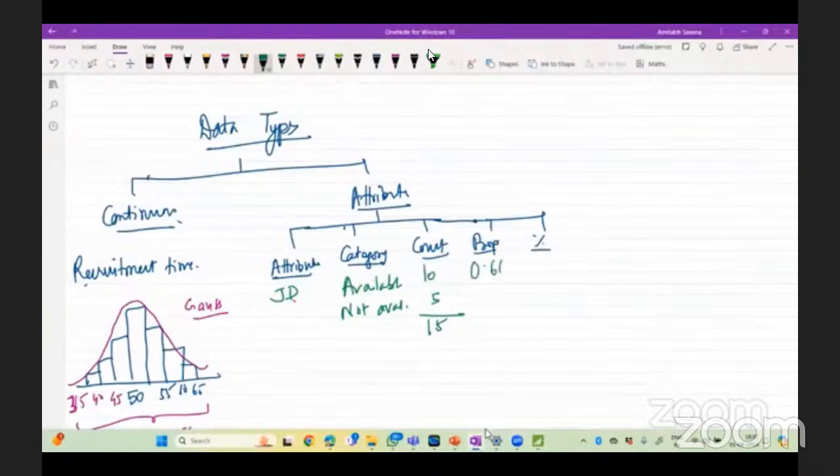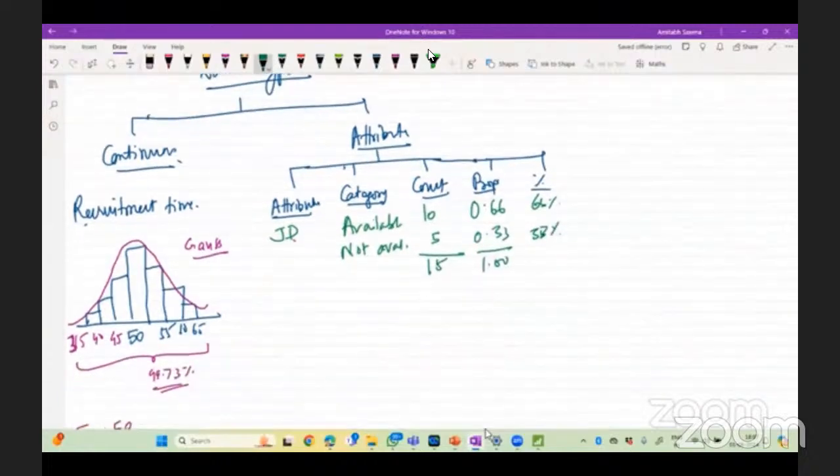Proportion was 0.66, 0.33, total is 1, 66%, 33%. And when I'm displaying any attribute data, I cannot make a histogram. I will always make a pie chart.